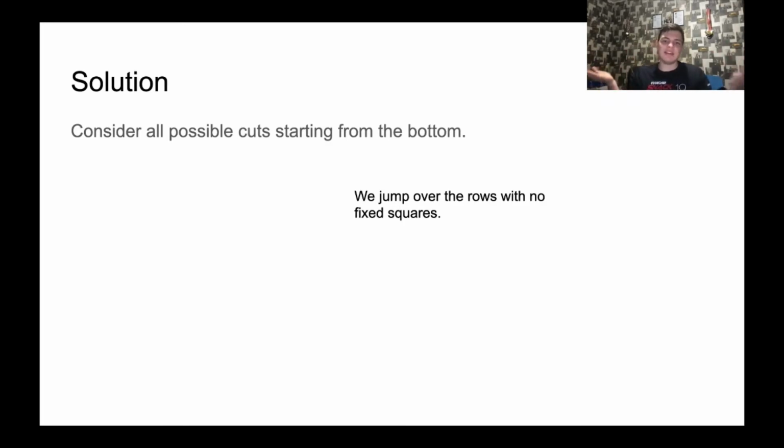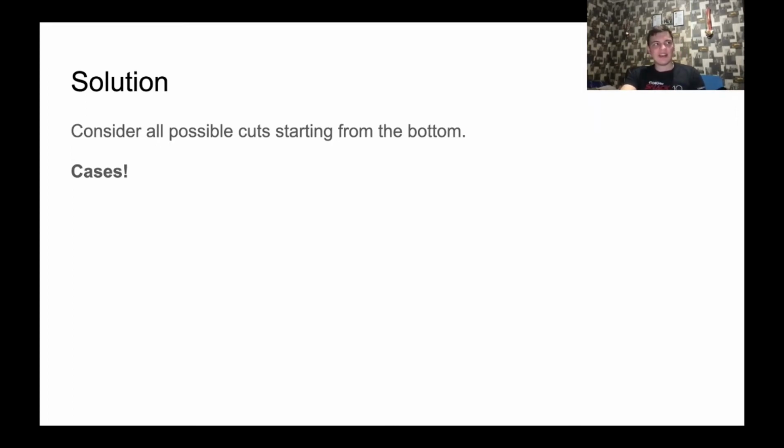But in my opinion, it's easier to implement the whole thing if you just jump over the rows where there are no fixed squares, because the cuts there don't really matter. And yeah, as I said, let's go through the cases now.